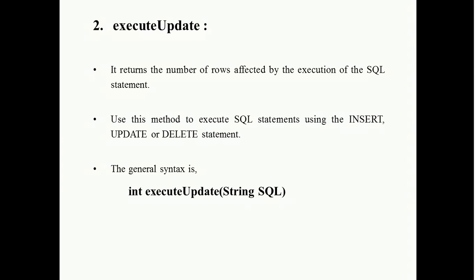So if you want to insert any record into the database, update any data in the database, or delete a record in the database, that time the executeUpdate method is used. The general syntax is int executeUpdate(String sql).